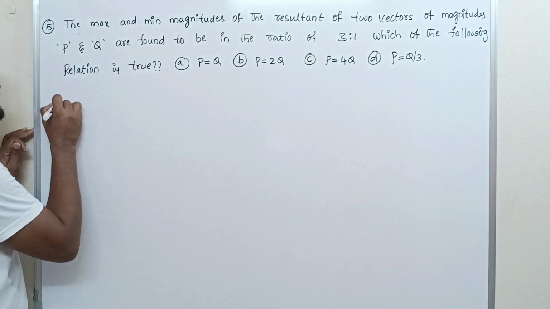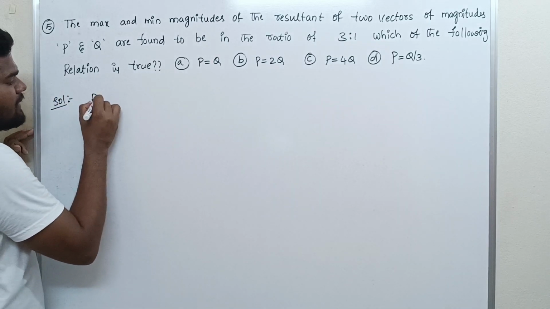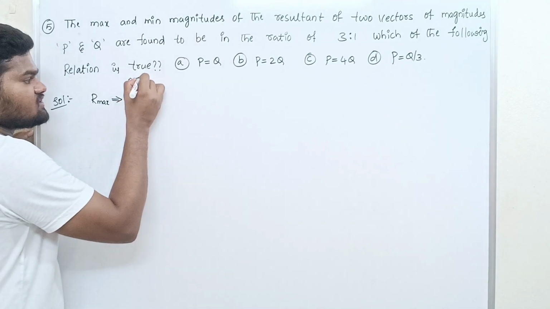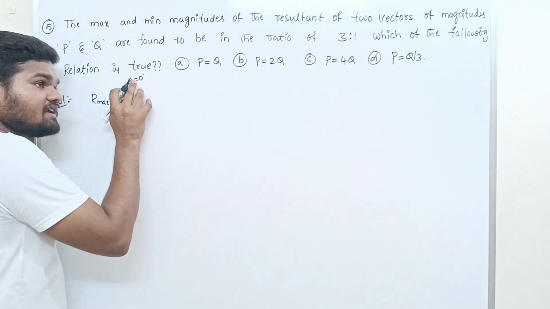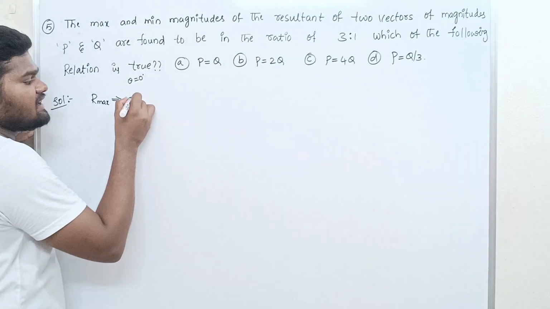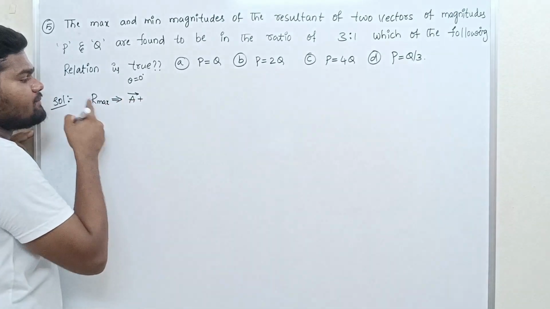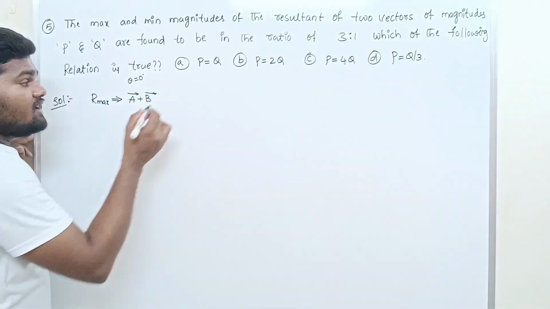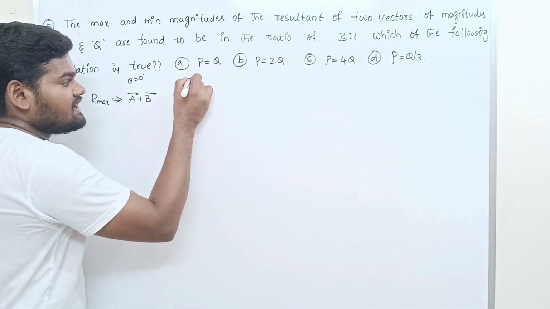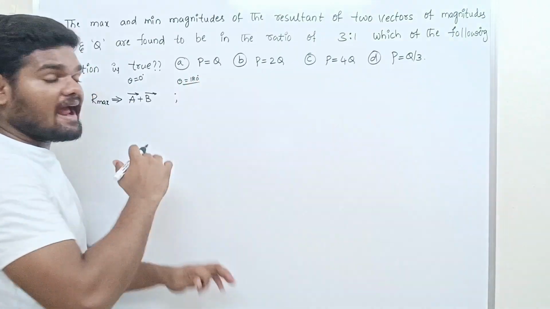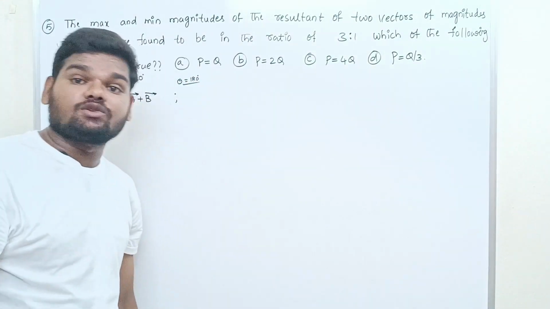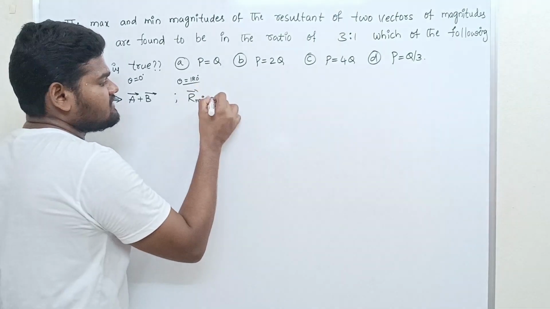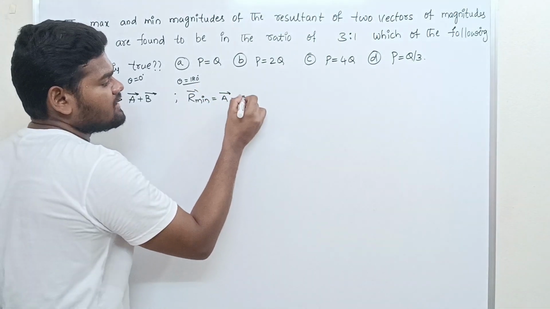If you substitute theta equal to 0 degrees, then resultant maximum is a bar plus b bar. If you substitute theta equal to 180 degrees, the two vectors are anti-parallel or opposite to each other, then the resultant minimum is a bar minus b bar.